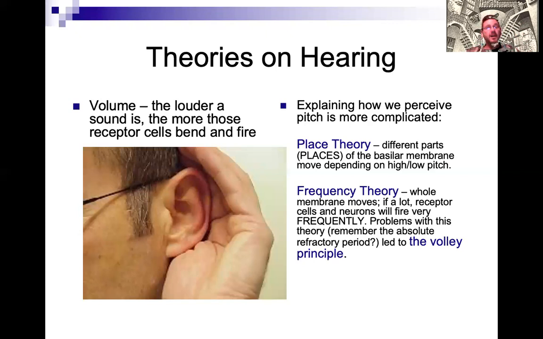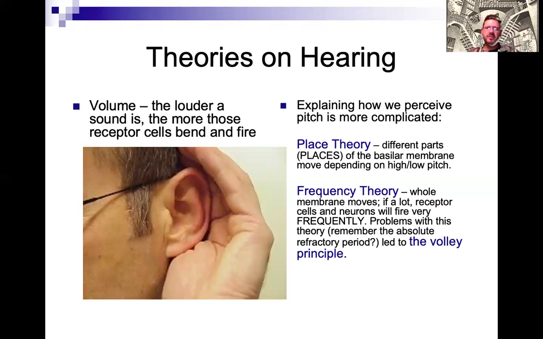It takes another fraction of a second for that cell to reset itself, to maybe repolarize, to be ready to fire again. Well, that posed a problem with this frequency theory, because if you're saying we can hear high pitches as long as these receptor cells are firing again and again, telling the brain it's a high pitch, but hold on, those receptor cells need a tiny bit of time to reset before they fire again.